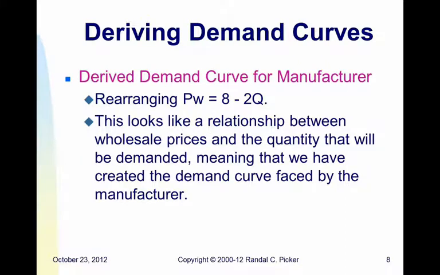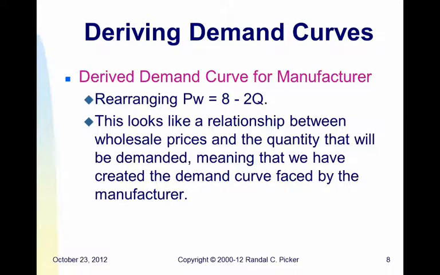If you look at that for a second, we can rearrange that a little bit, move the 2 over to the right-hand side, and then we get a relationship. That relationship is that PW equals 8 minus 2Q. That is the relationship that emerges from the profit maximization of the retailer, given the costs that the retailer faces and given the wholesale price set by the manufacturer. And you look at that and you go, my God, that looks like a demand curve. We've got price on the left-hand side, we've got quantity on the right-hand side, and it's got the right shape and slope. And that's what it is.